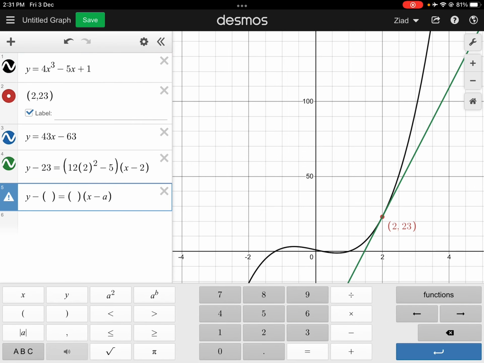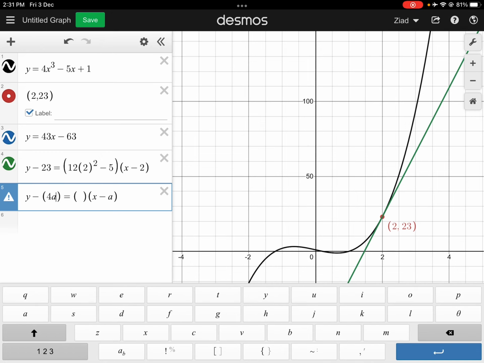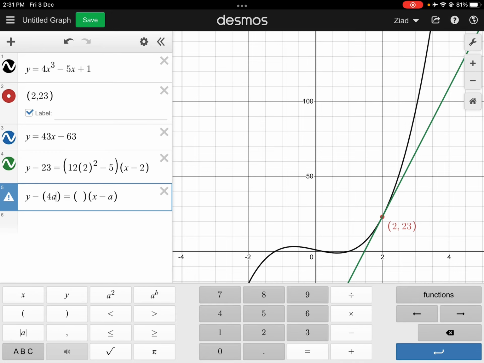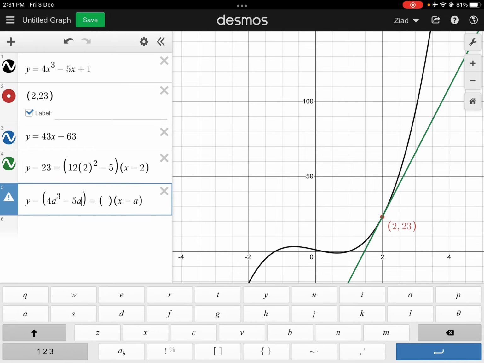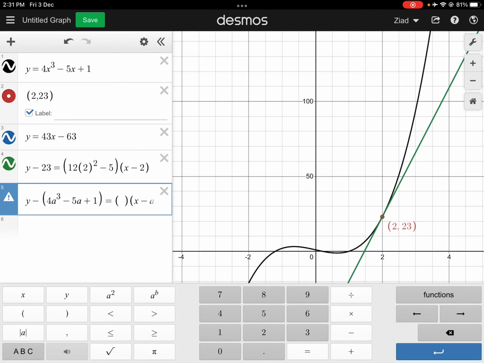So you'll get 4a to the power 3, and then minus 5a plus 1. That is f of a. And then the derivative at a is 12 times a squared minus 5.